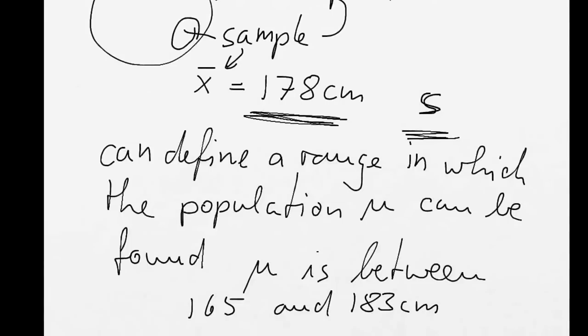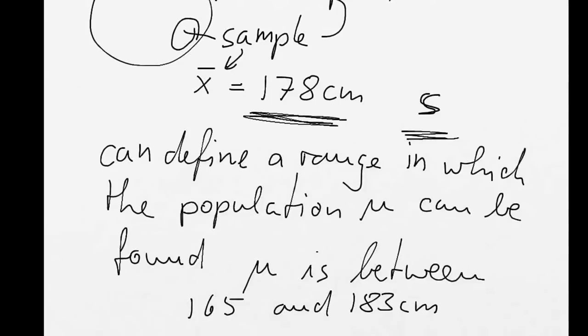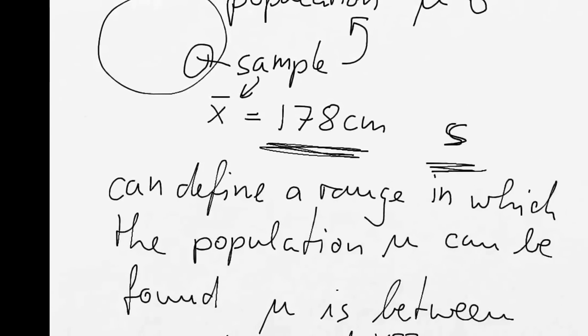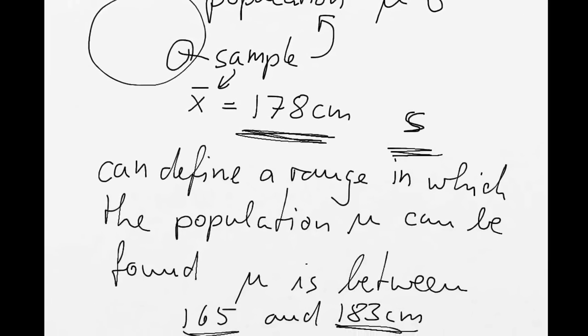So instead of saying this is the population mean, which is very dangerous to do because I'll almost certainly be wrong with that, I can say, I guess that the average of all the students on campus lies between 165 and 183 centimeters. That is this range.